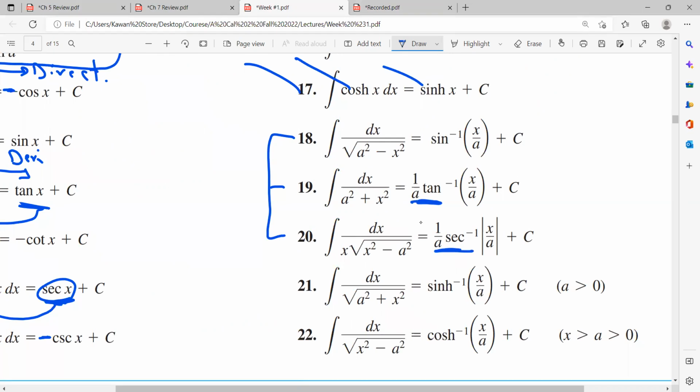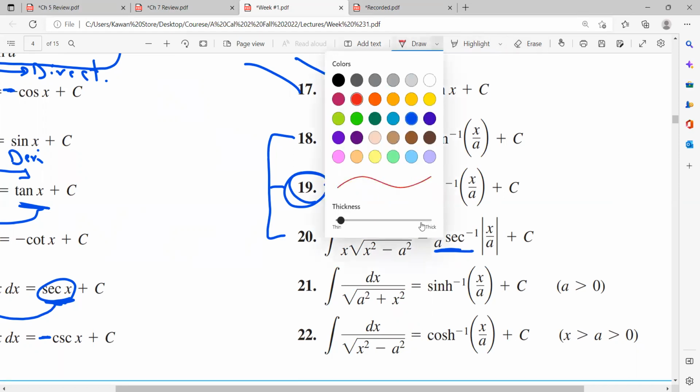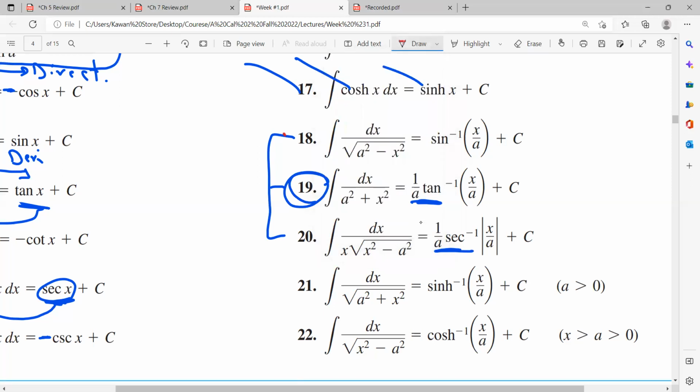In these 3 cases, the one without a square root, we don't have it. So if I have something squared plus something squared, without saying anything, I say it's a tan inverse. Understood? That's the first. For 18 and 20, we have square roots. You can see here, we have square roots.